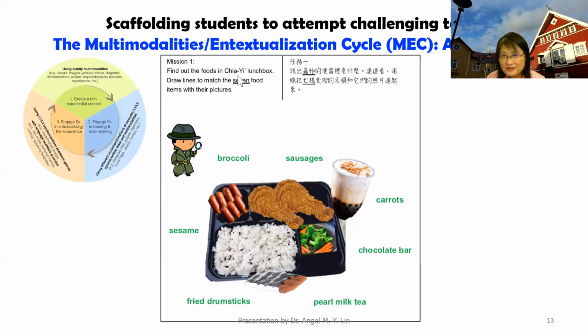Now, notice I have used this bilingual notes approach in Chinese, in English, okay? And we underline the important word 7, so they know that they need to label 7 food items.